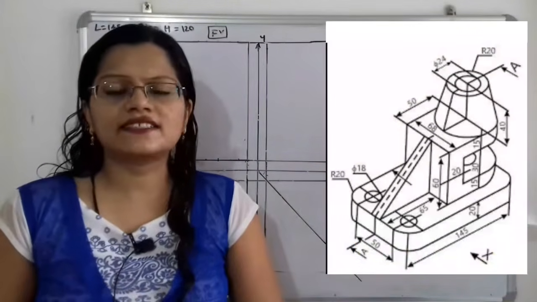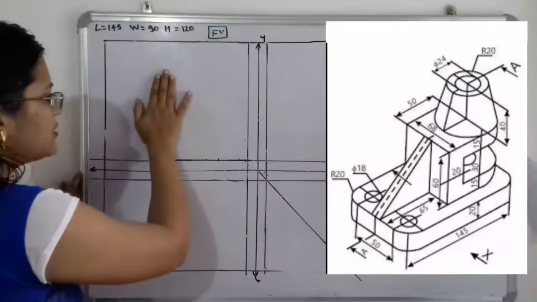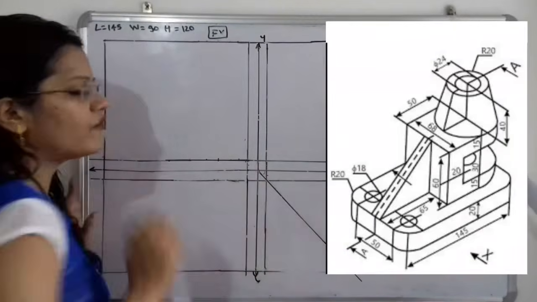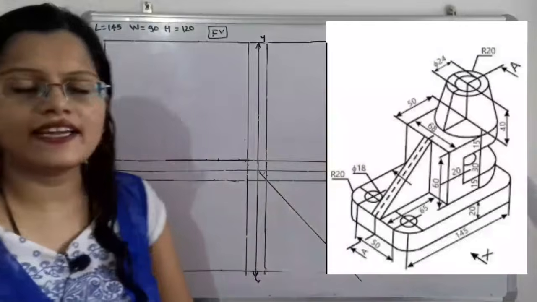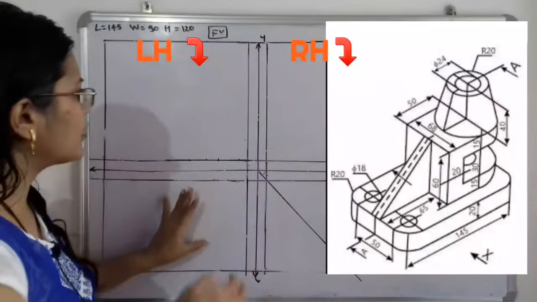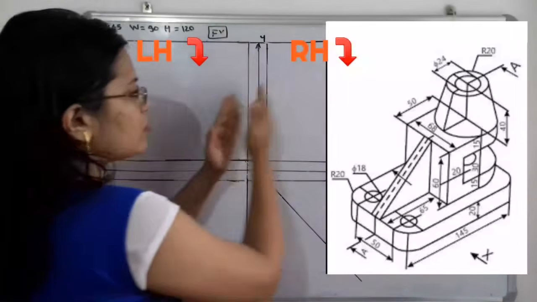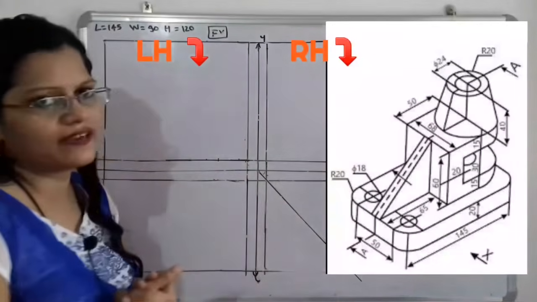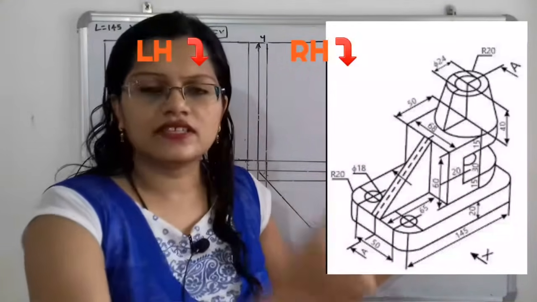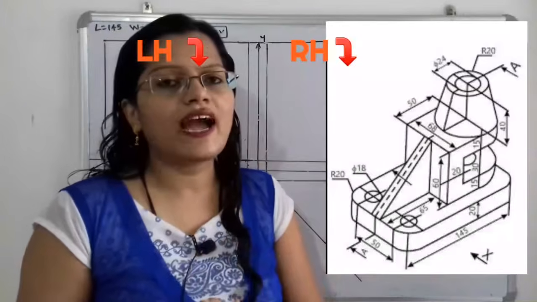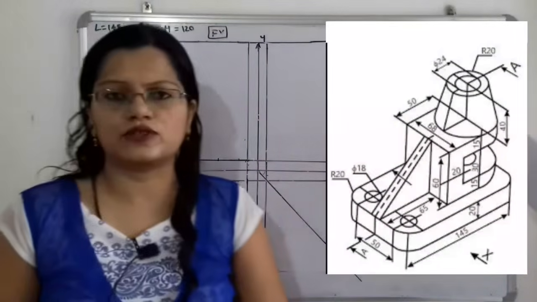This x axis and y axis will make the four quadrants: the first quadrant, second quadrant, third quadrant and fourth quadrant. The first and fourth quadrants are on the right hand side and the second and third quadrants are on the left hand side. That means the y axis is making two sides, right hand side and left hand side. Here the front view, in the direction of x, is on the right hand side, so we have to plot the front view on the left hand side in the orthographic projection.